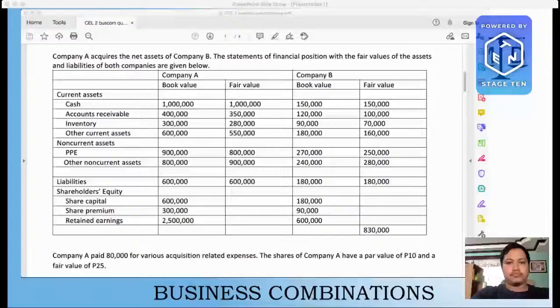So this would be the most common question for this topic, class. The problems would always result in goodwill or gain on acquisition from the business combination.